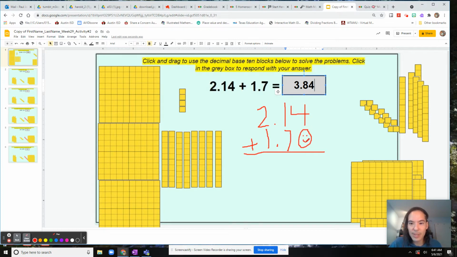Remember, the placeholder 0 doesn't change the value of our number, but it allows us to see that we're adding 4 plus 0 instead of 4 plus nothing. So 4 plus 0 is 4. 1 plus 7 is 8. 2 plus 1 is 3. And then we're going to drop that decimal point to the bottom. So 3 and 84 hundredths checks out. We are all good. Hooray.